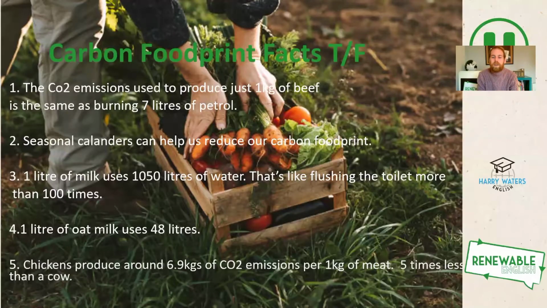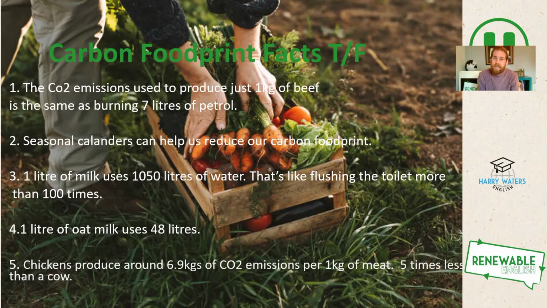Well, thanks very much for those interesting, if not somewhat alarming, facts about some of the foods we eat. Let's take a look at some statements. I want you to decide if they're true or false. The CO2 emissions used to produce just 1 kilogram of beef is the same as burning 7 litres of petrol.